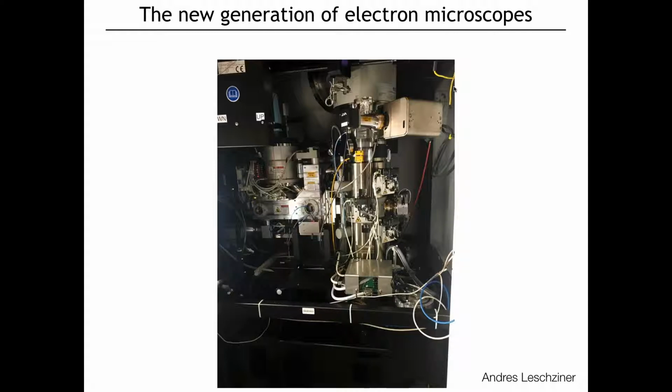This is a $1 million addition, which is comparatively cheap with respect to an electron microscope, if you consider that a Titan Krios is something like $5 to $6 million. But it made a huge difference because it allows you to move precisely to the area of interest and minimize the amount of drift and movement as you're imaging. And so this makes a huge difference in resolution. Yeah, so this is the autoloader right here.